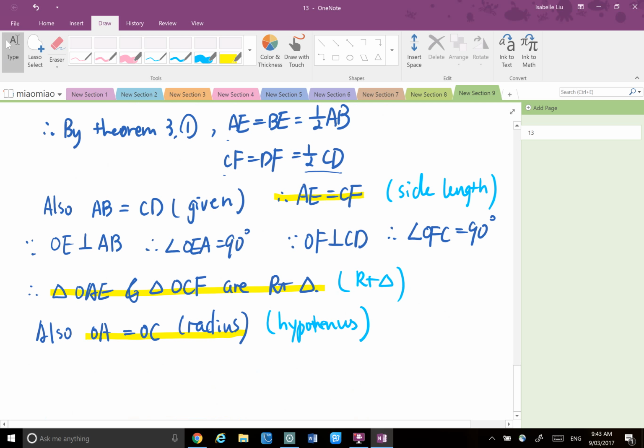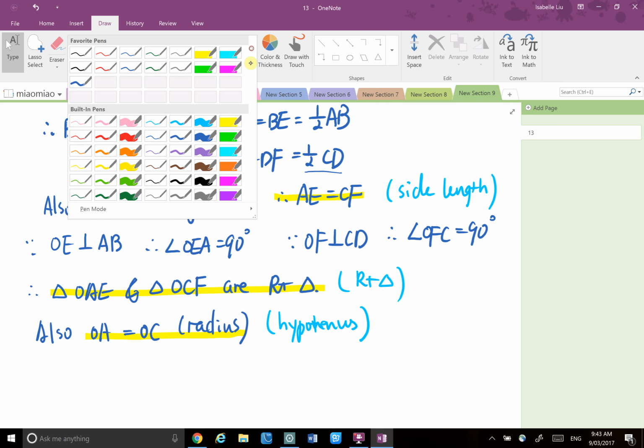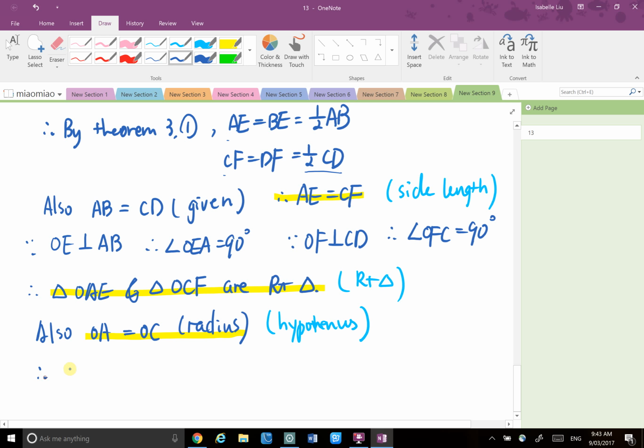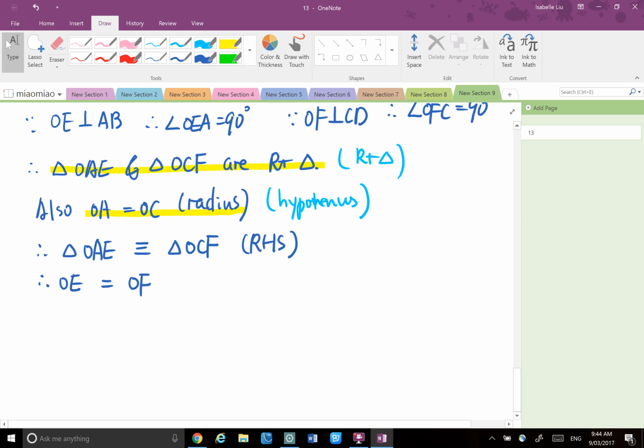So triangle OAE will be congruent to triangle OCF because of RHS. So OE must equal OF, which is another pair of corresponding lengths.